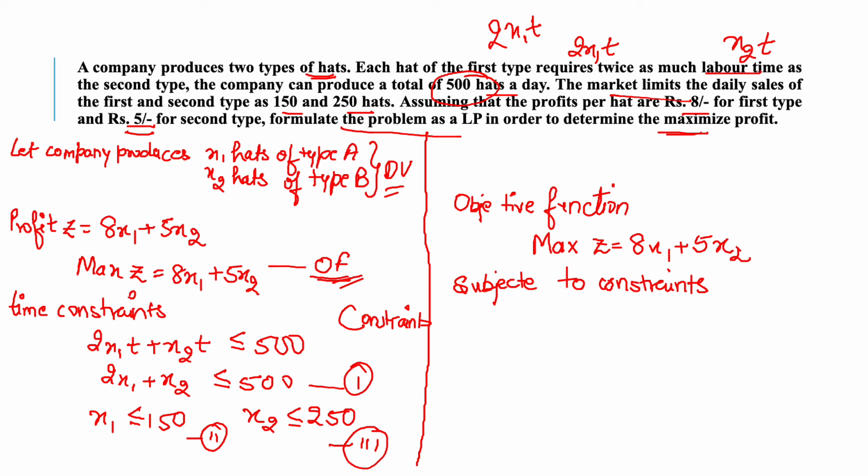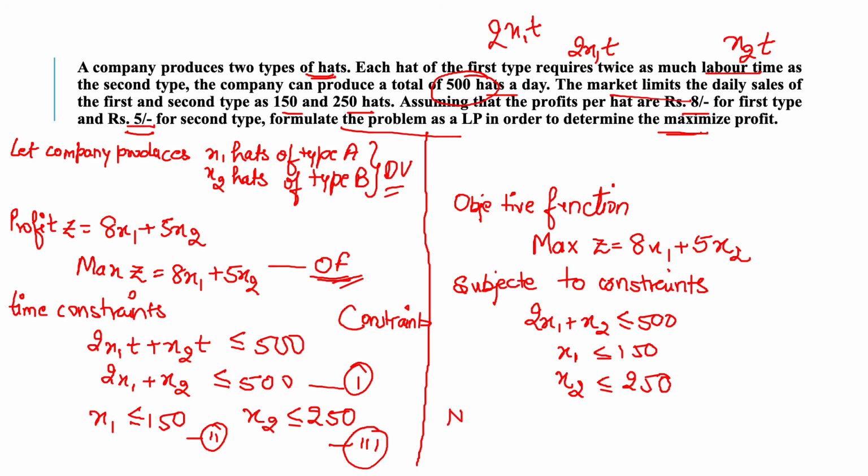What are my constraints? First constraint is based on time. Second is based on sales, which is sale of x1 is less than 150, sale of x2 type hat is less than 250. So these are my constraint equations.